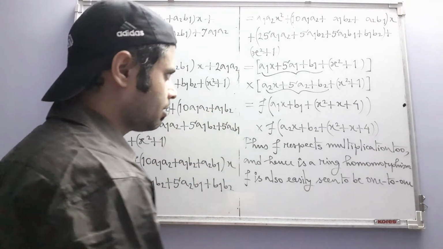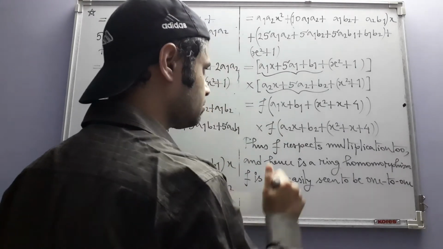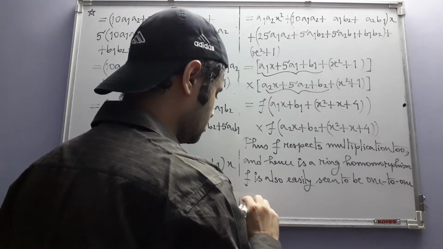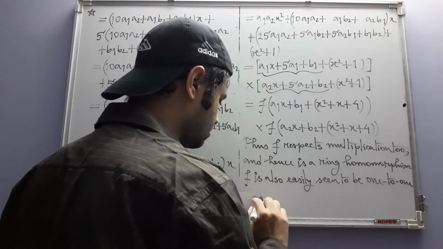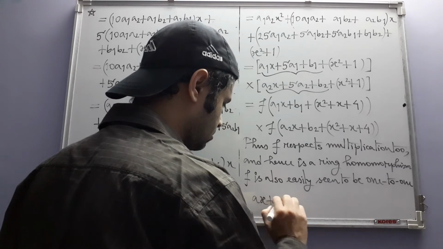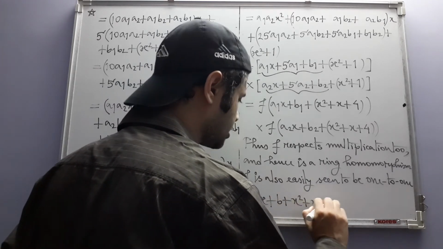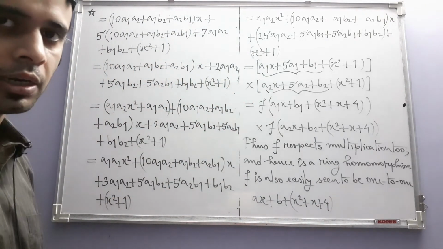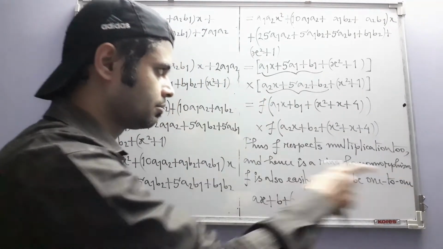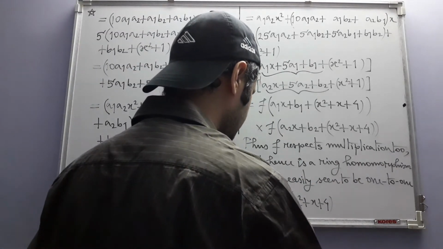Now the kernel of F will be any element in the kernel of F. If this is an element in the kernel of F, say, then it will be mapped onto the 0 element of the range field. And what is the map?